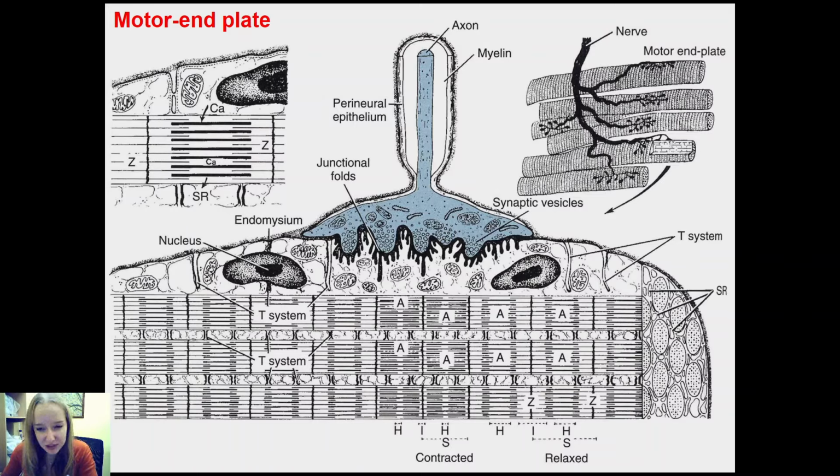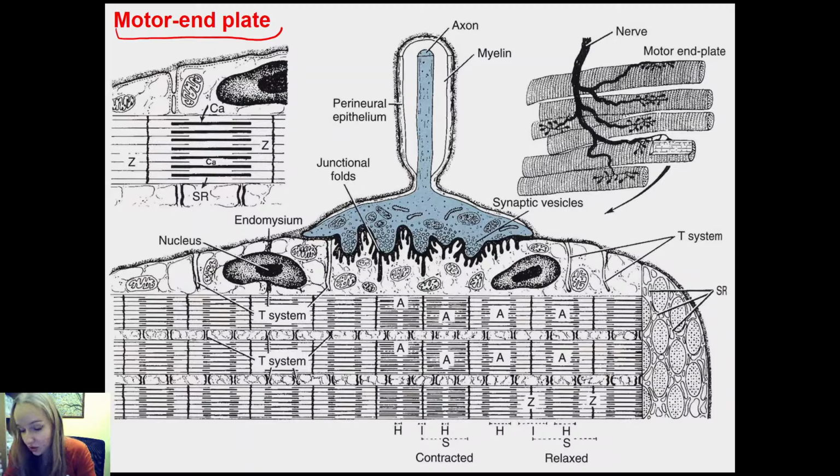There are very special synapses between the axon and the muscle fiber in skeletal muscle, and these synapses are called motor end plate because they're at the end of an axon of a motor neuron, and they look like a plate, so that's why they're called motor end plate. Nothing special behind the name.